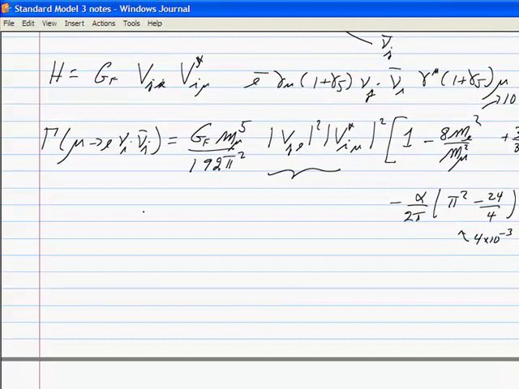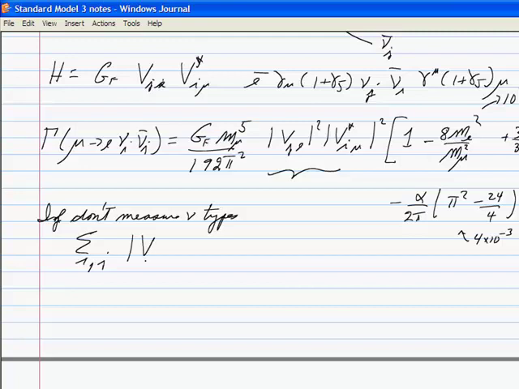These guys disappear, the V_CKMs, if you don't measure the neutrino masses. If you don't measure which type of neutrino it is, you have the sum over I and J, V_Je squared V_I mu squared is 1 by unitarity.